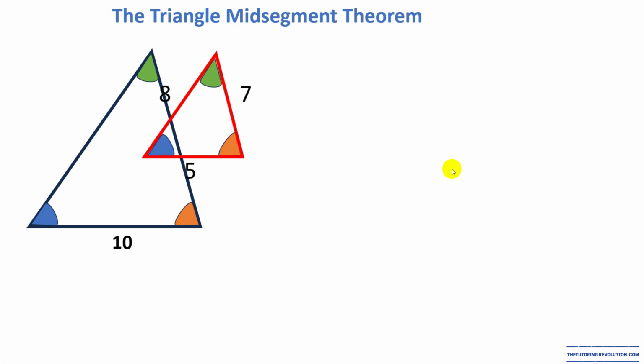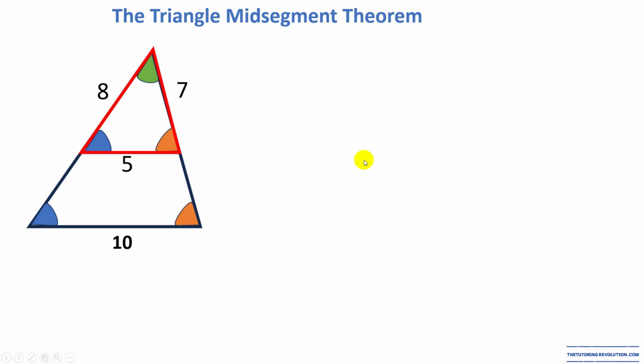So if we move this smaller triangle on top of the bigger one, we can appreciate that this point here is the midpoint of this side, because this is 8 and this is 8. And this is the midpoint of this side here, because this is 7 and this is 7.